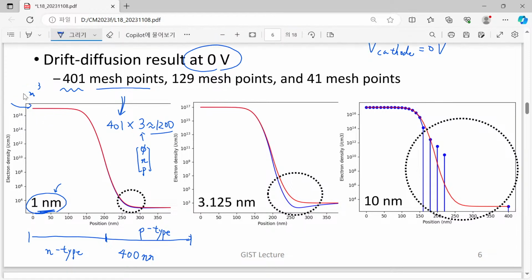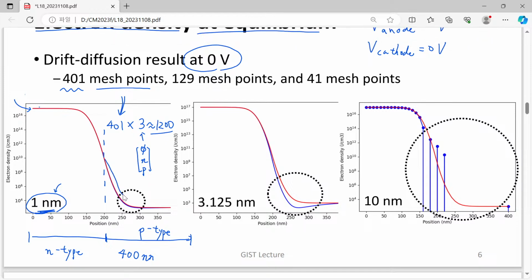Well, anyway, when you have this kind of relatively fine grid having just 1 nanometer spacing, it seems to be okay because it starts from its doping density 10 to the 17, and here we have the metallurgical junction, the meeting point between our n-type region and p-type region. After that, our electron density goes down rapidly and eventually goes to a level quite close to 10 to the 3 per cubic centimeter.